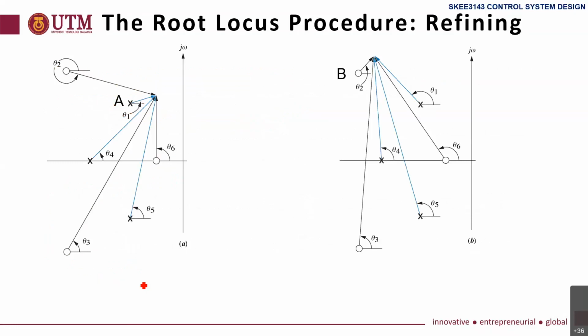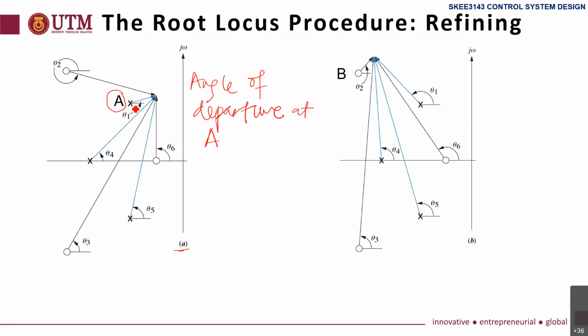Let's take this as an example. Let's say we want to find the angle of departure at A. A here is a point where we have a pole.